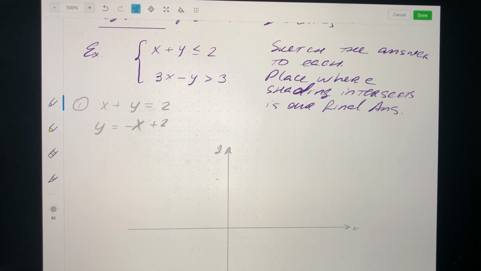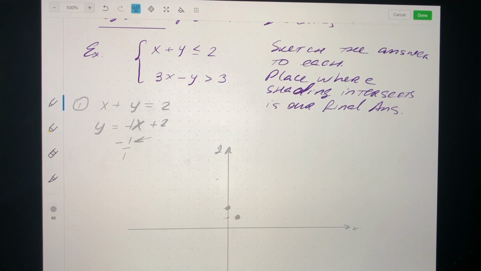And so in slope intercept form, that means we start at 2 units up, and then the slope is -1, which means -1 over 1. So the rise is -1, which means go down 1, and then 1 always to the right. So that's our two dots.